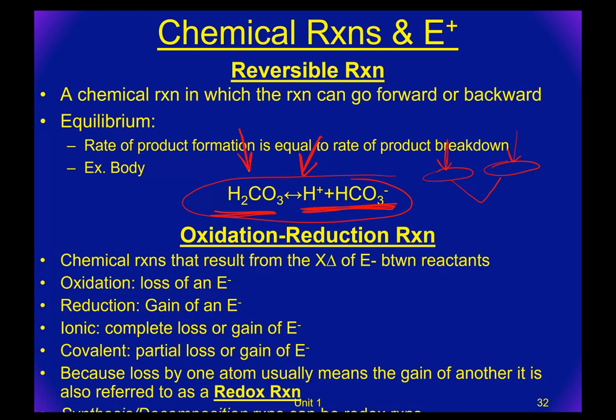If you have too much on this side, it'll start breaking stuff down so that you have the same number on this side as this side. If you have too much on this side over here, it'll do the exact same thing. It'll start building this molecule on the other side so that you have the same number of molecules on one side as the other. It is literally all about equilibrium.